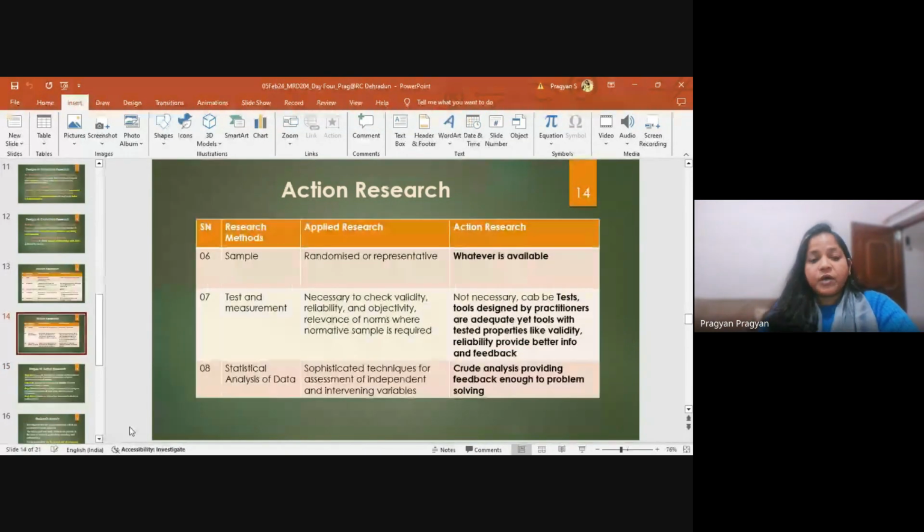And that is why not even the research tool, even the sample has to be completely liberal. So you are going there with a very liberal kind of approach, so that you can identify how to solve a particular problem, rather than just stick to some specific type of sampling, like representative or random sampling.